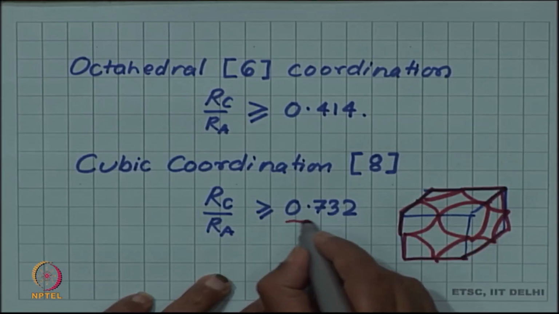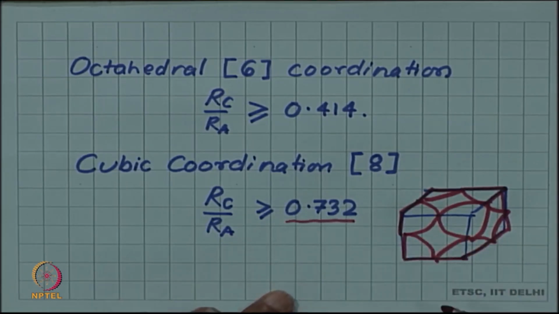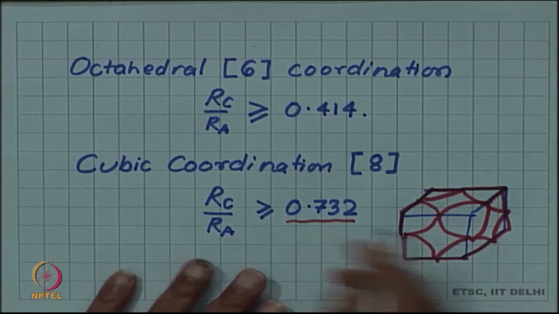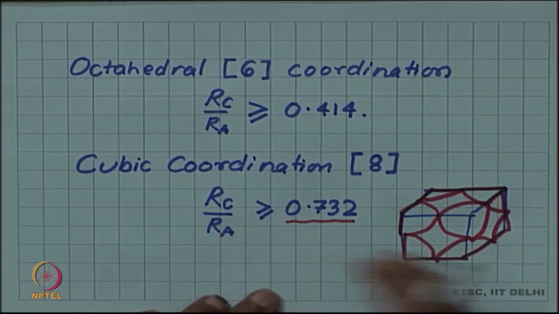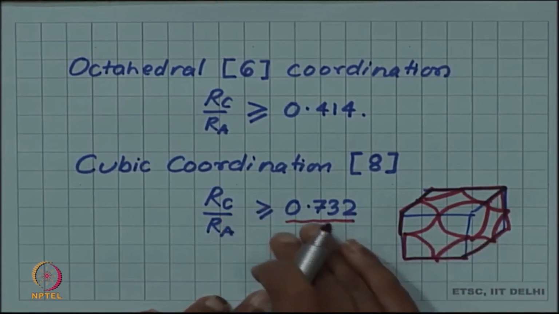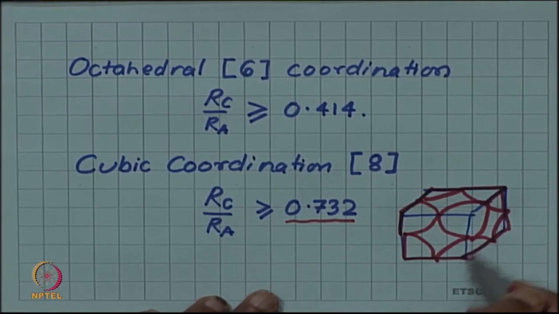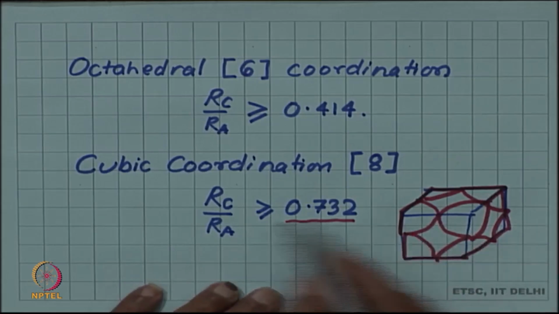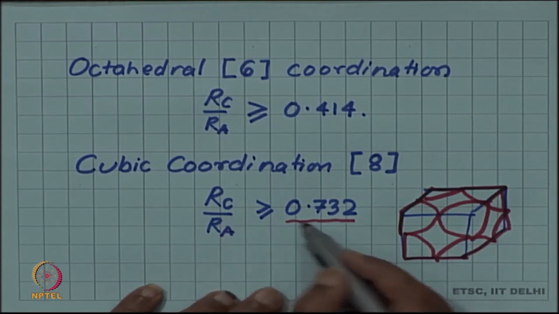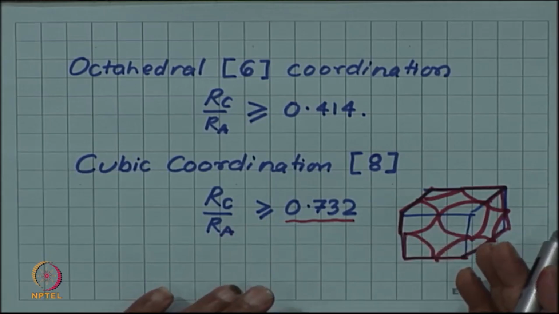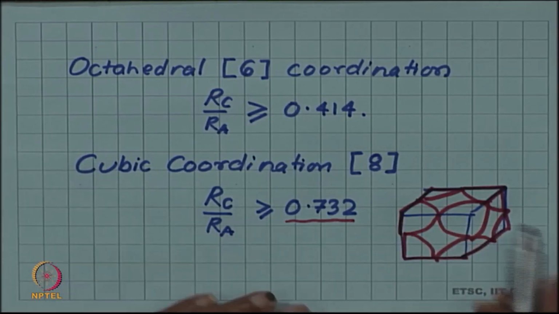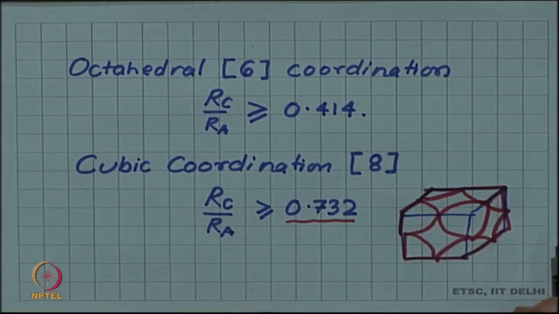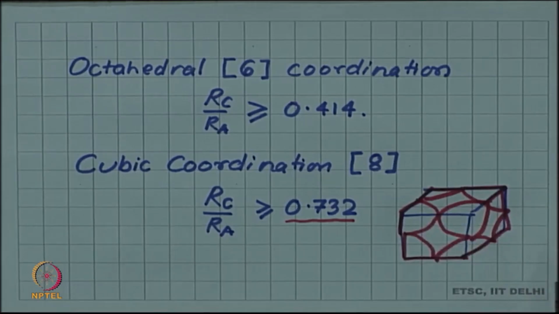That number will come out to be 0.732. So, for cubic coordination, at Rc by Ra 0.732, anions will be touching, and if you want them not to touch, then you can increase the radius ratio. If it is larger, then the cation is larger and will force open this cube and anions will not be touching. So, for cubic coordination the number is 0.732.